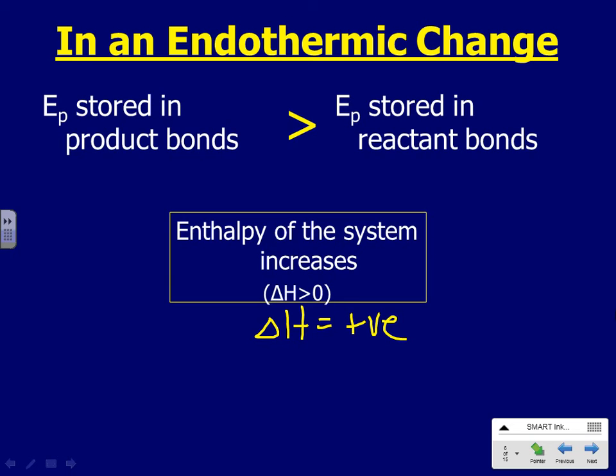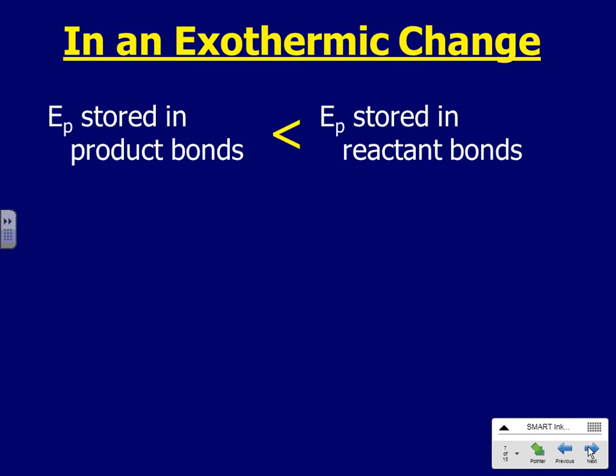Greater than 0, yeah, you guys struggled with the greater than last year? Yeah, remember the pH, we struggled with greater than and less than? I don't know, some of us do, some of us don't. The delta H is positive, it's going up. And I've got an exothermic slide that looks just like it.